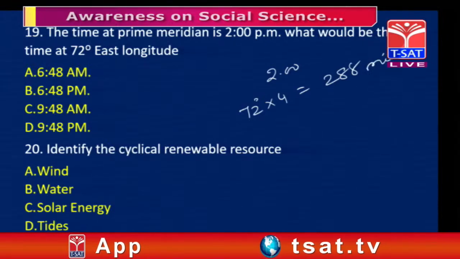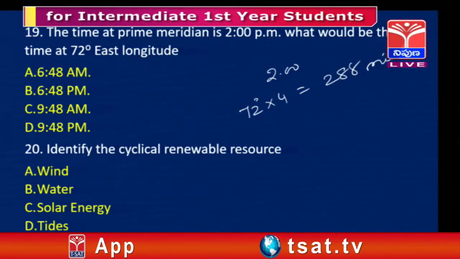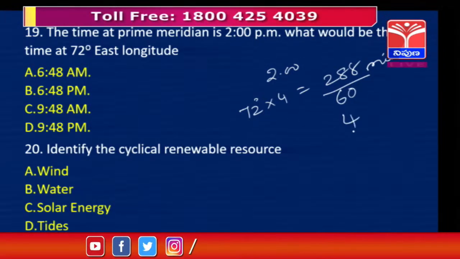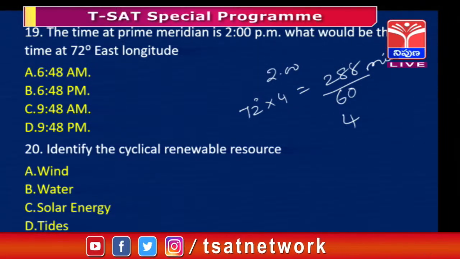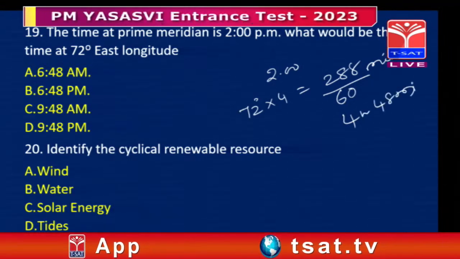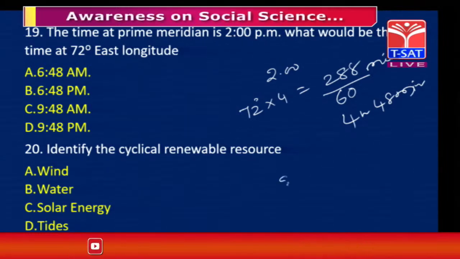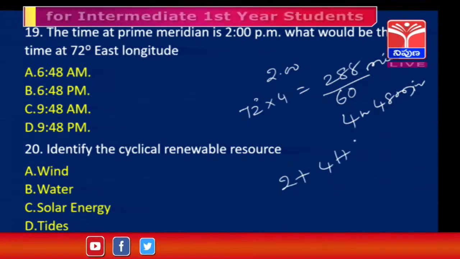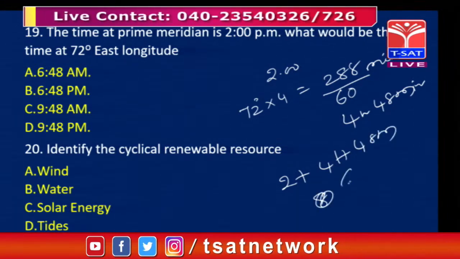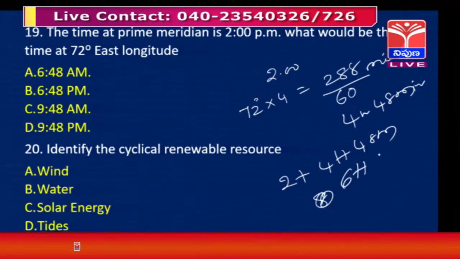If you want to convert into hours, we have to divide by 60. So 4 times 60 is 240, which means 4 hours and 48 minutes. You have to add 4 hours 48 minutes to 2, so 2 plus 4 hours 48 minutes is 6 hours 48 minutes.